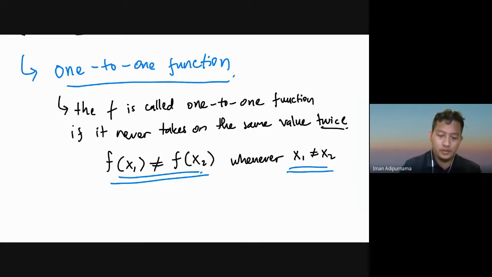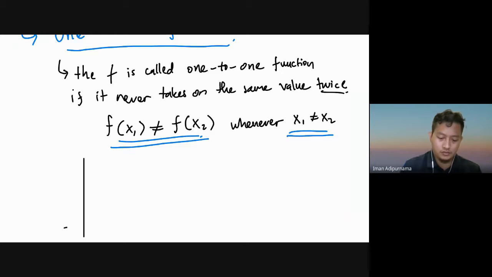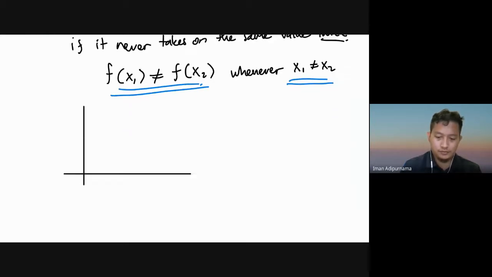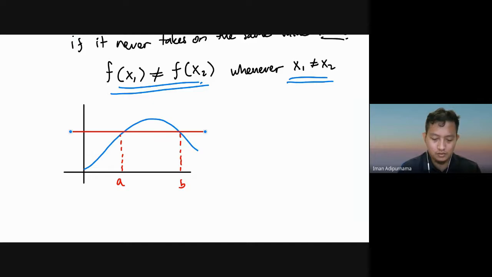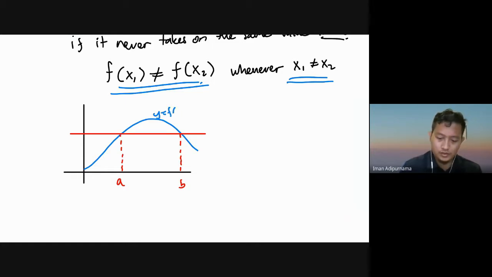Whenever you find a function maybe like that, you see here, this is A, this is B, and this is y equals f of x.